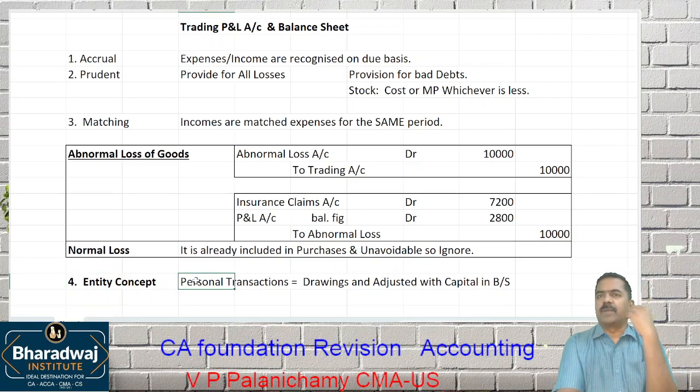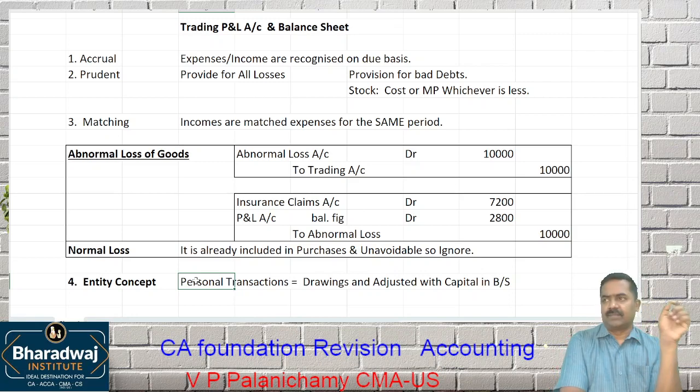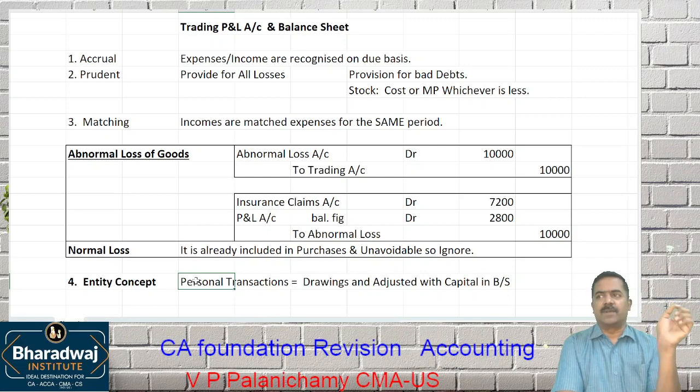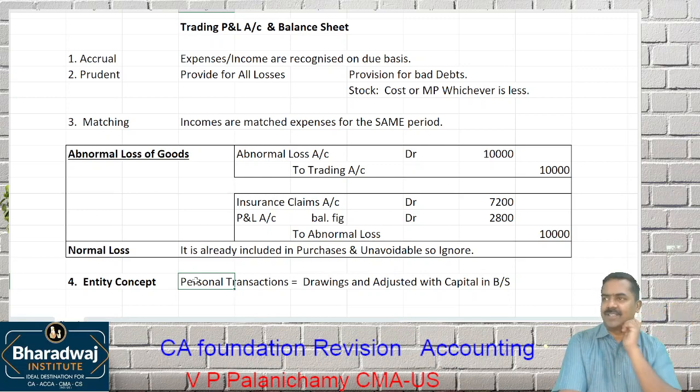For example, if the proprietor has taken the goods, what will you do? It will be adjusted with purchases. If expenses include certain proprietor's personal expenses, adjust them in the expenses and include in which one? Drawings.